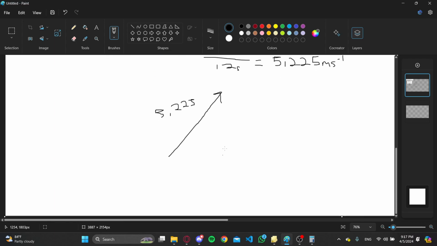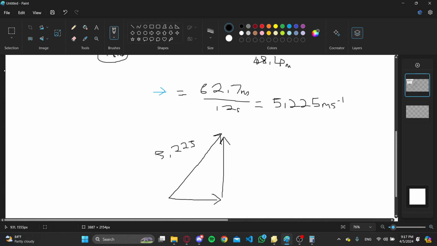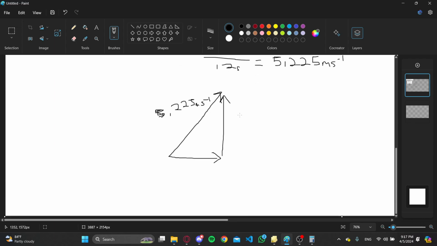This is just like checking our answer. This vector is composed of two other vectors, a right side vector and an upwards vector. So this is meter per second. We're thinking about speeds now.